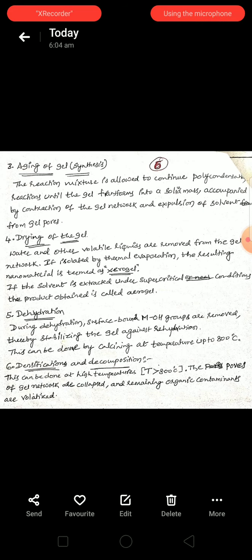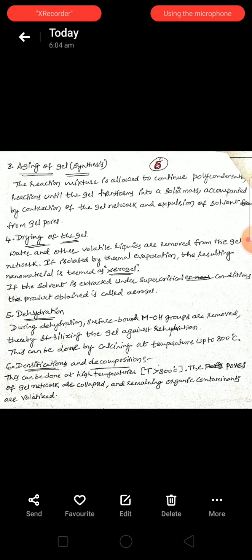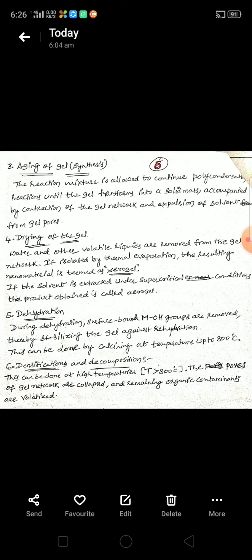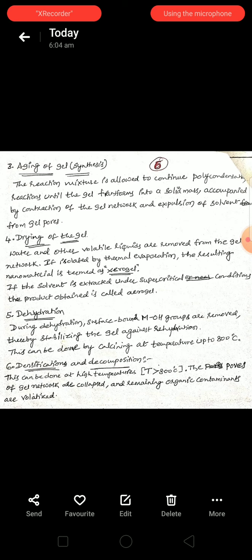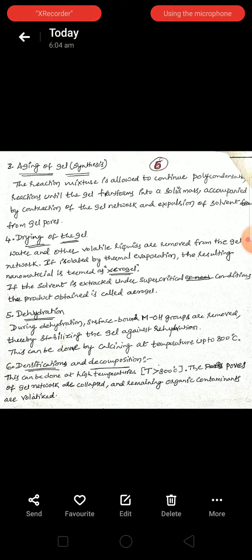Here in this step, aging of the gel, the polycondensation reaction is continued till the gel transforms into a solid mass or solid phase. The gel was earlier in the semi liquid or liquid form, and it has to be converted into a solid mass by expulsion of the solvent.